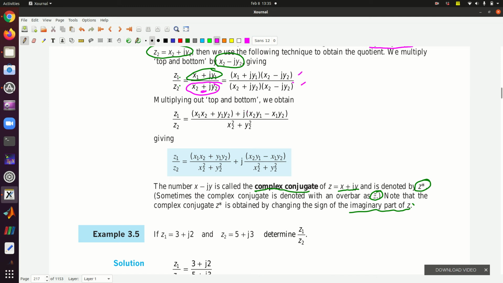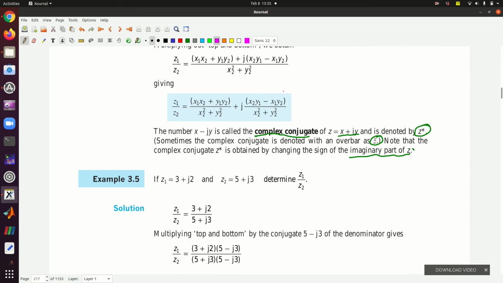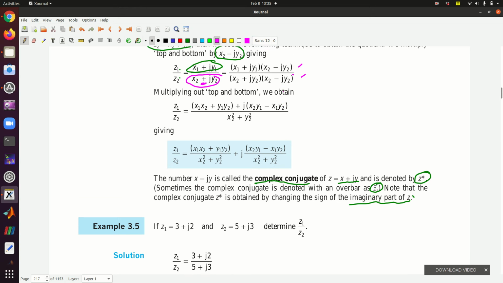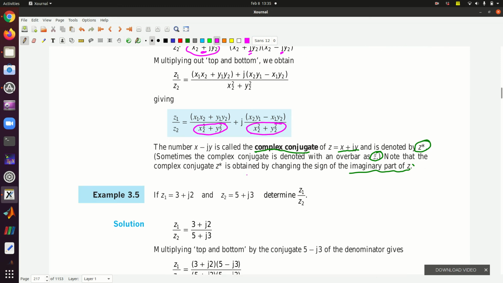And then we just do the usual procedure we have been doing. The idea here is to get rid of the imaginary parts in the denominator. So you usually end up with a situation where in the denominator you have a real number, and the numerator is also a real number.